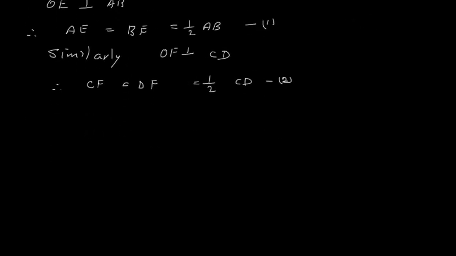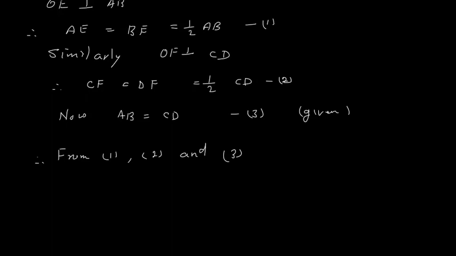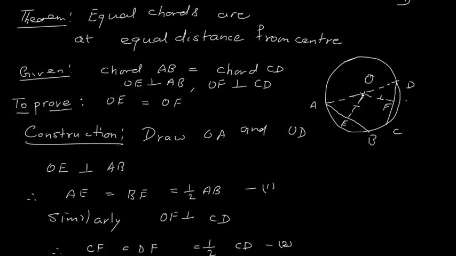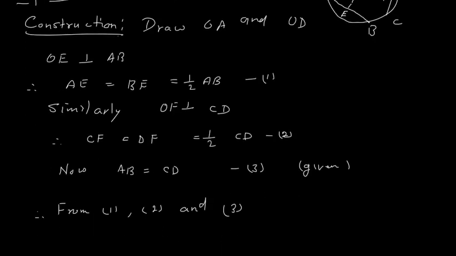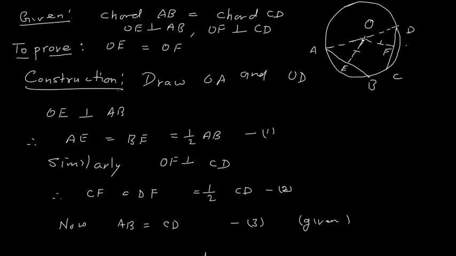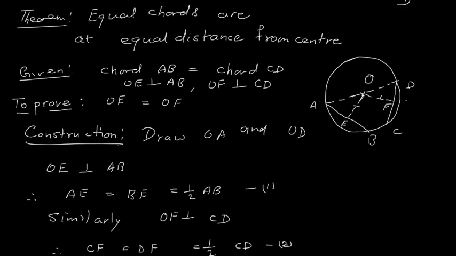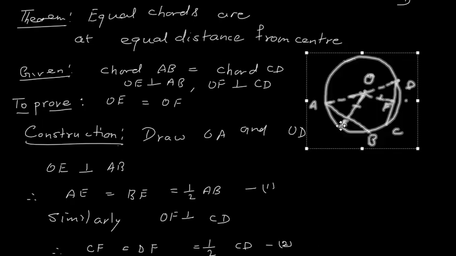Now AB equal to CD, this we consider equation 3, it is given. So from 1, 2 and 3 we will say that AE is equal to DF, because AB and CD are equal, so their half lengths will also be equal. So from 1, 2 and 3, AE is equal to DF.